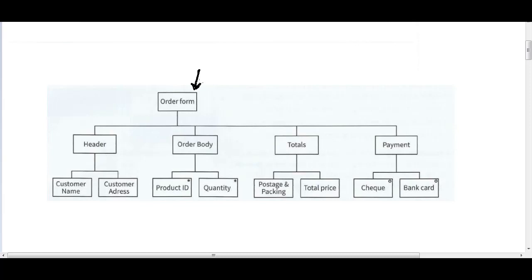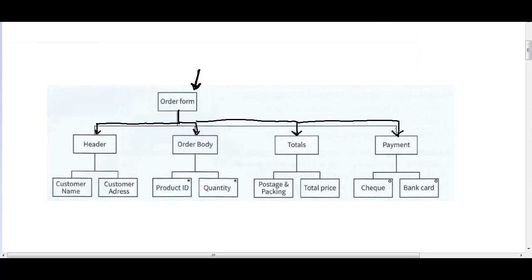And we're trying to model the order form here, and then he has broken this down into 4 sections, right? So we have the header and the order body, and then we have a section related to totals, and finally collection of payments, right?